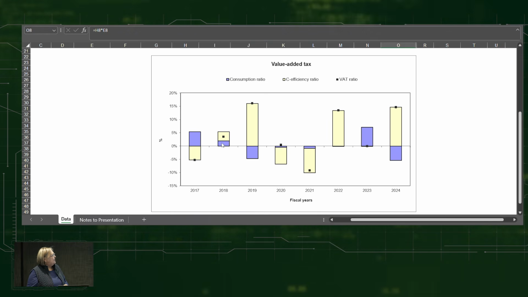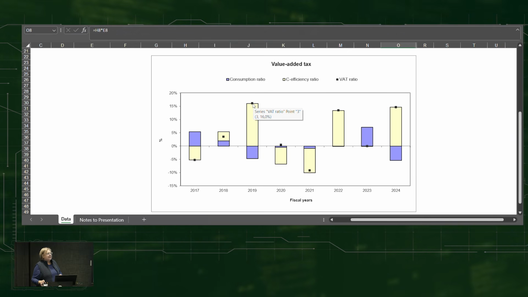So you can see how this is calculated. In 2019, the consumption ratio actually declined, but we did see a very good increase in the total VAT take, so it was mainly explained by the C efficiency ratio.